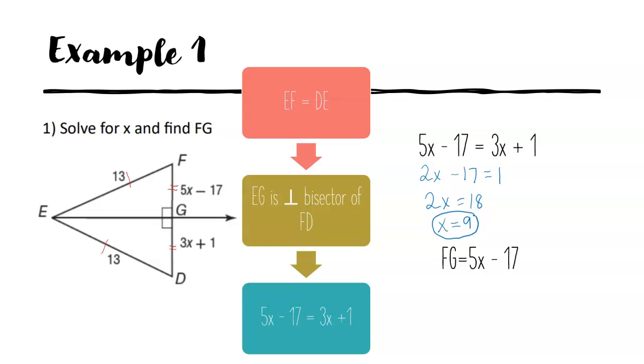Once I know x is equal to 9, I know that FG is 5x minus 17, so in order to figure out what FG is, I'm going to do 5 times 9 minus 17, or 45 minus 17, or 28.